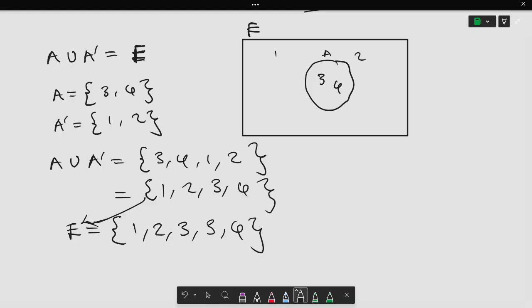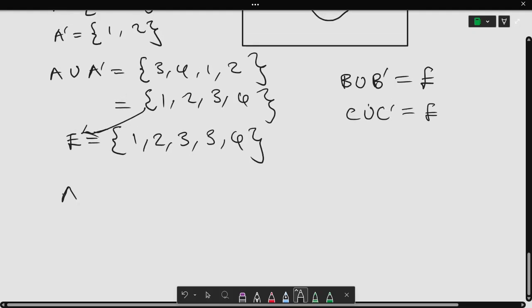So A union A complement is just equal to the universal set. Even if you had B union B complement, this would just be equal to the universal set. Even if you had C union C complement, this will just be equal to the universal set.